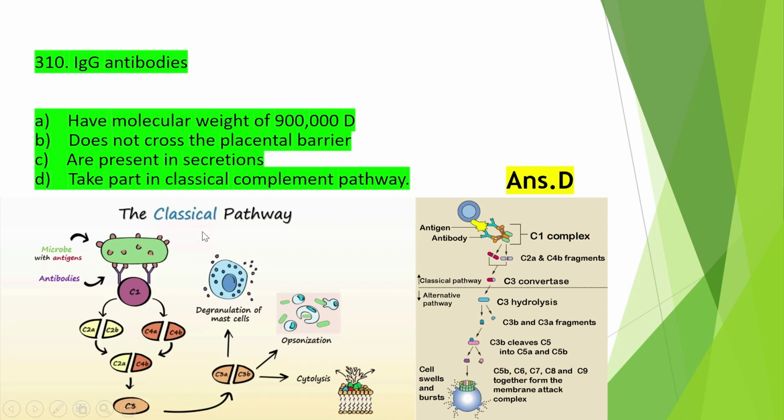So what is classical complement pathway? So here, if a microbe is encountered in the body, the antibodies come and bind with it, and in the microbe and antibody complex, the first protein C1 will come, and after that, consequently, at the end in the classical pathway the cytolysis or cell lysis will be done, that is the microbes will be removed from the body.